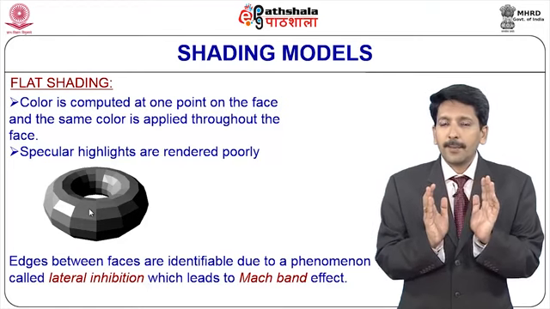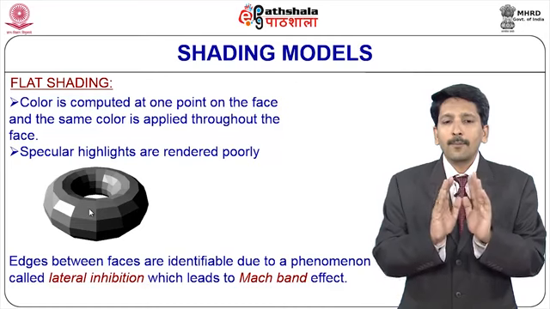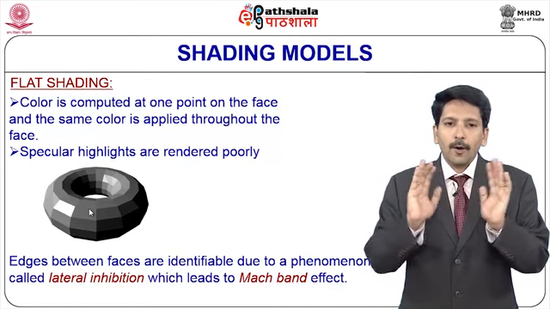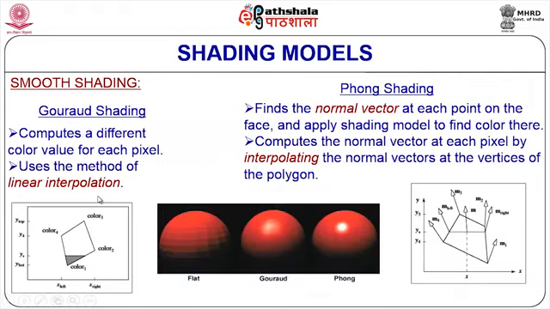With better shading techniques like smooth shading, which we will be seeing later, we will be able to give the object a very smooth appearance. There are two standard smooth shading techniques used: one is Gouraud shading, the other is Phong shading.